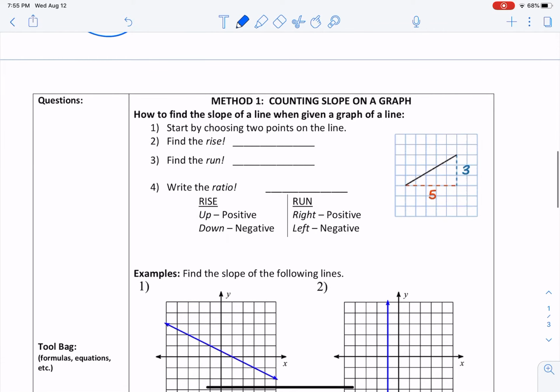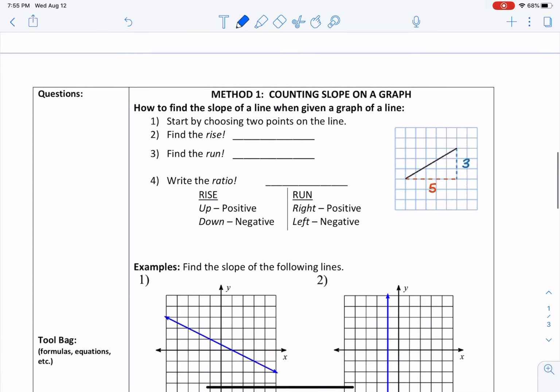All right, so we're looking at a graph. After we determine the sign or the type of slope that it is, then we have to figure out if it has a number. So we start by counting. We choose 2 points on a line. When you say points, they are at the intersection of grid lines, like these two right here. So rise, remember that rise is up, so that's a 3.